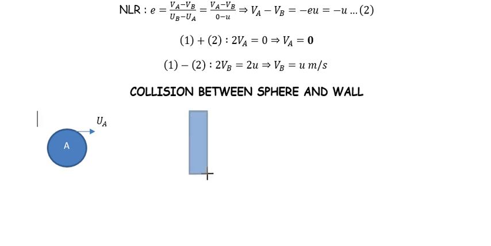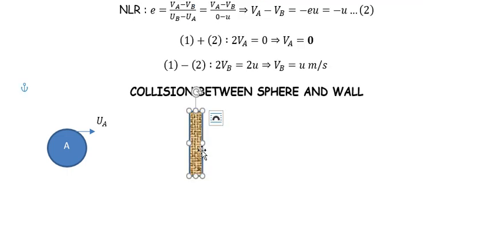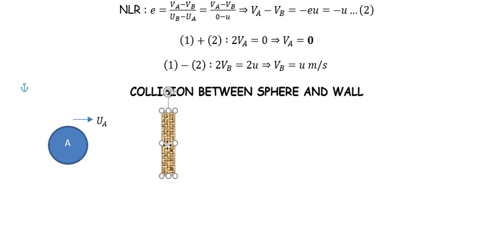So this sphere is moving towards this wall. The wall is actually vertical, and the sphere is moving in the horizontal, in a direction perpendicular to the wall. So this is actually before impact.